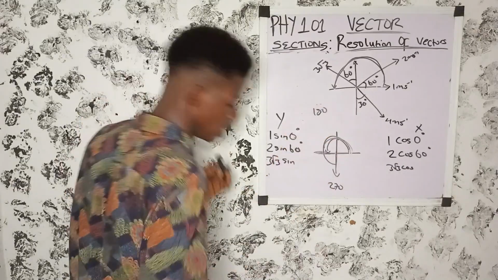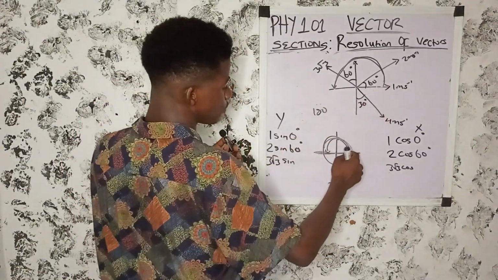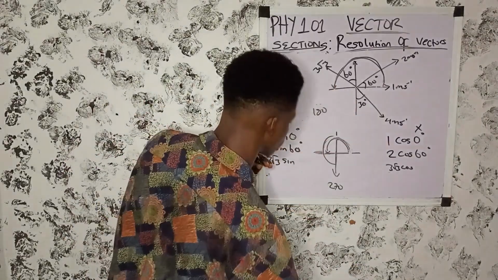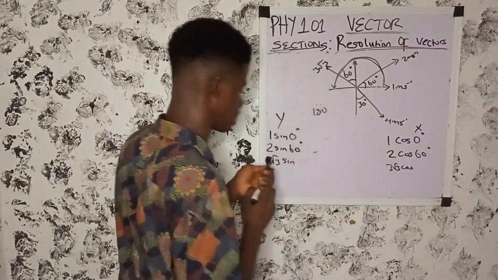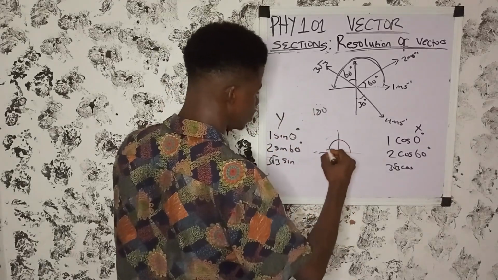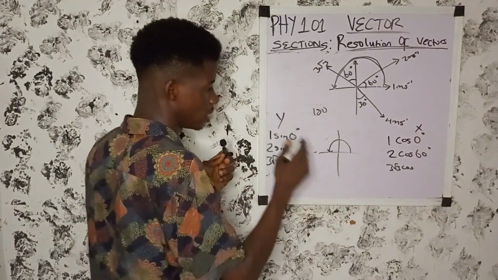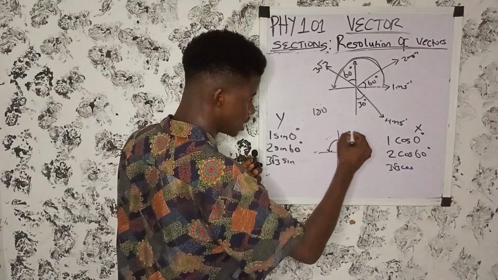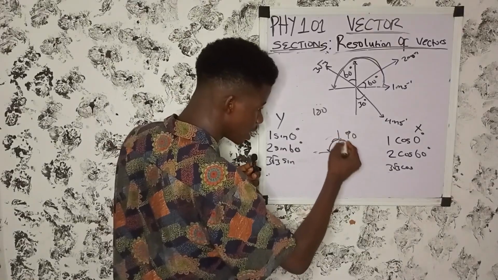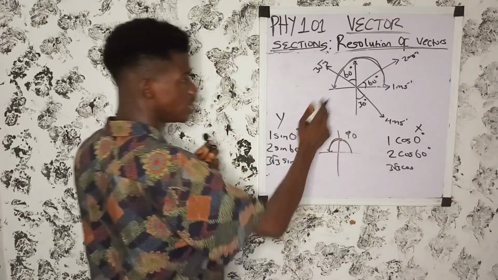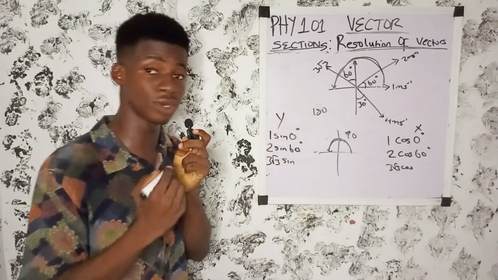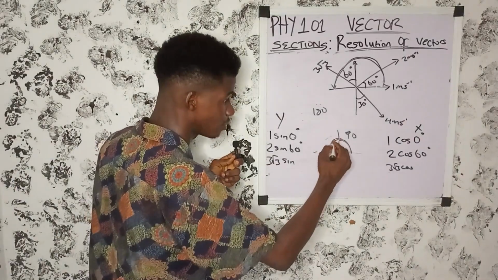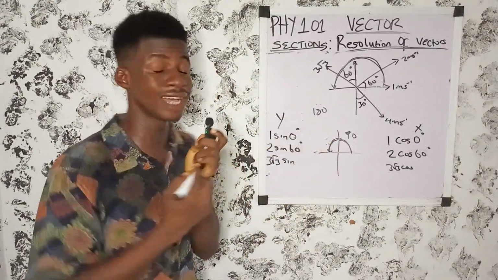Okay, now let me continue from here. We all know that from here to here is 180, and from here to here is 90. If you look at it and put 60 here, that is not correct, because this angle starts from 91, 92, 93, up to 180 degree.